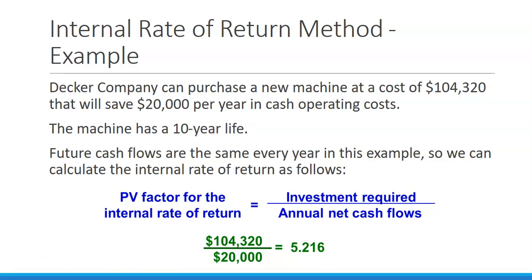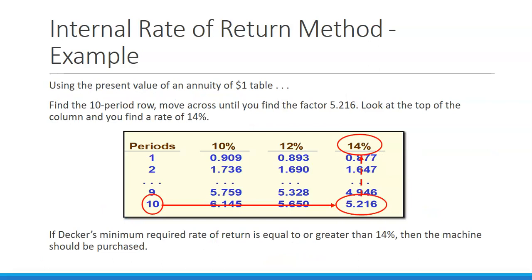When we look then, we take this factor of 5.216 and we take that to our factor table. And what we look for is 10 years, and then we go across the 10-year table. So we would have years 1, 2 through 10. We take the 10-year and we go across until we find the number closest to the number we got.